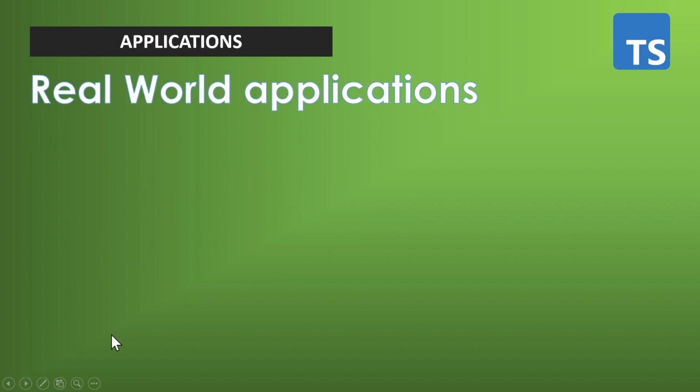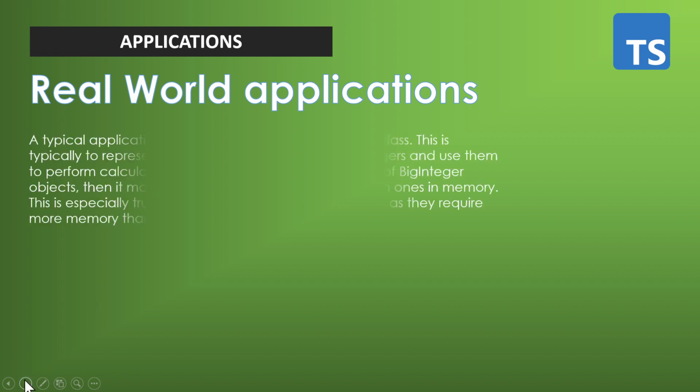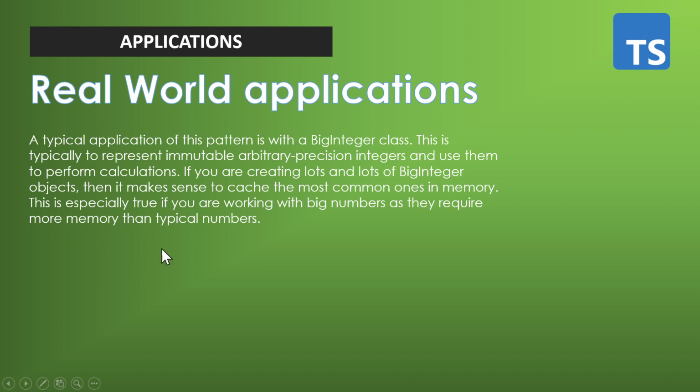Now, the real world applications of the structural design patterns. Here, a typical application of this pattern is with a big integer class. So guys, the big integer class means those numbers that are not supported in the integer. These are called big integers.